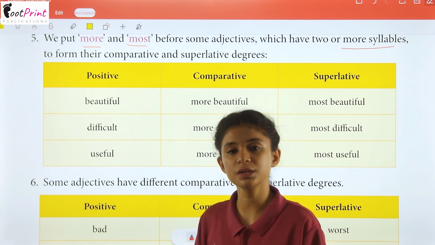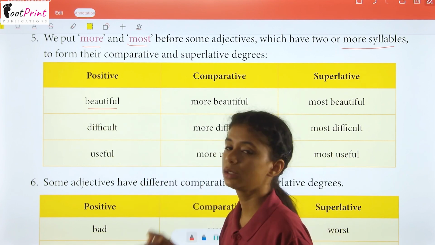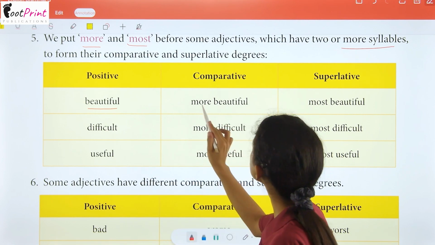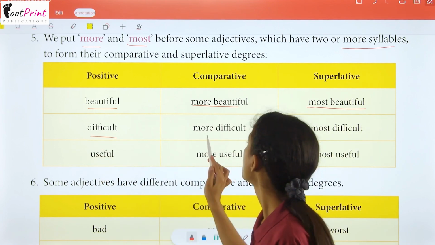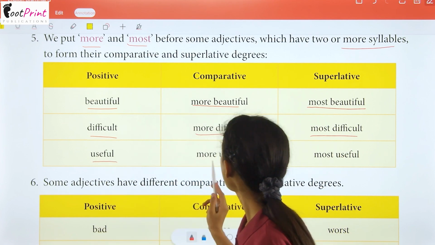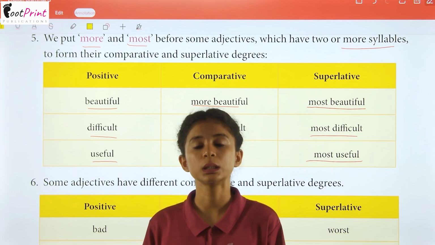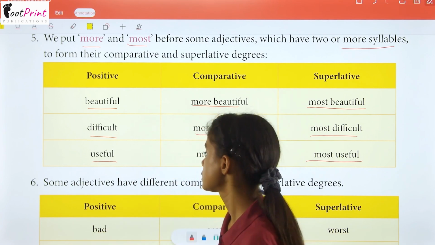More for the comparative degree and most for the superlative. For example, beautiful. This is a longer word, it has more syllables. So we will use more beautiful, most beautiful. Difficult, more difficult, most difficult. Useful, more useful, most useful. So this is how we convert these longer words that have more syllables.